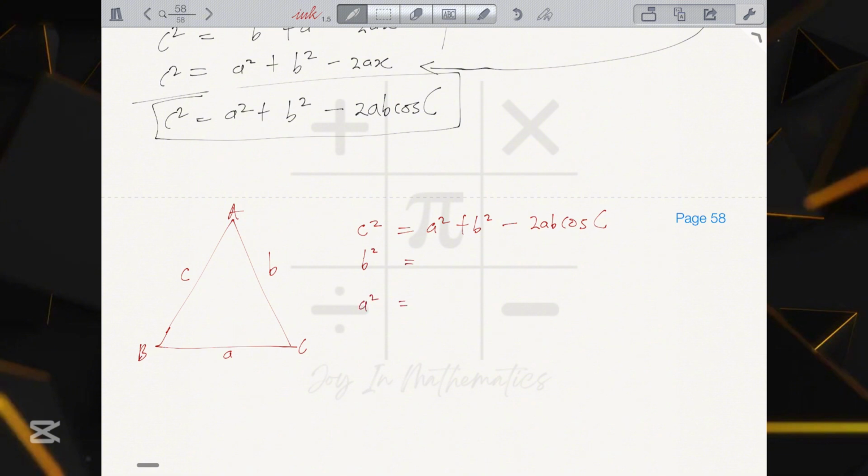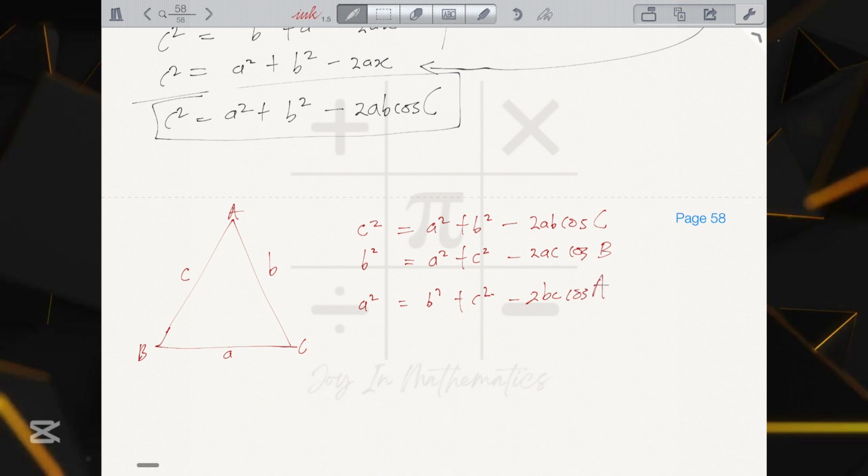Yes, you guessed right. So b squared will be equal to a squared plus c squared minus 2ac cos B, and a squared will be equal to b squared plus c squared minus 2bc cos A.